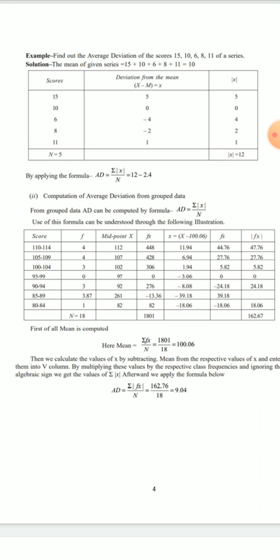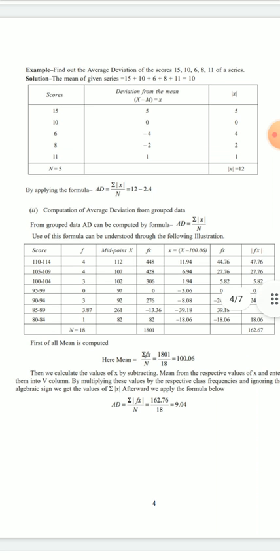On calculation of the mean, 15 plus 10 plus 6 plus 8 plus 11 is equal to 50, by n is equal to 5. So 50 by 5 is equal to 10. So you get the value of the mean is equal to 10.